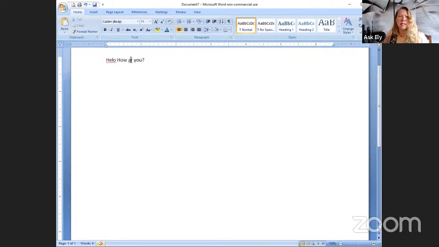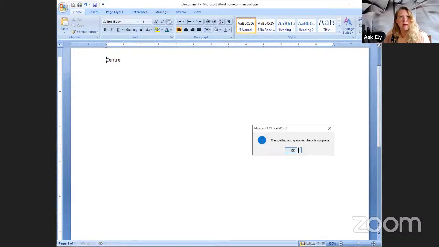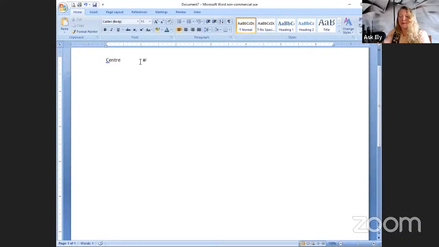What I have found is that a lot of students don't know that you can change the language. So let's try something here. I'm going to spell center with the British spelling. Now, oddly enough, it's not showing as an error. It should have. I don't know. Did I accidentally change it to British English? Let's see.